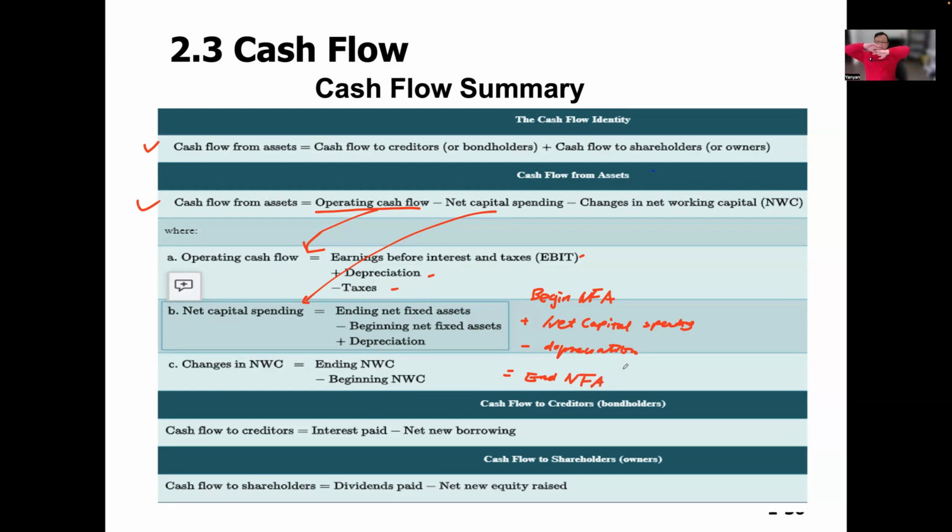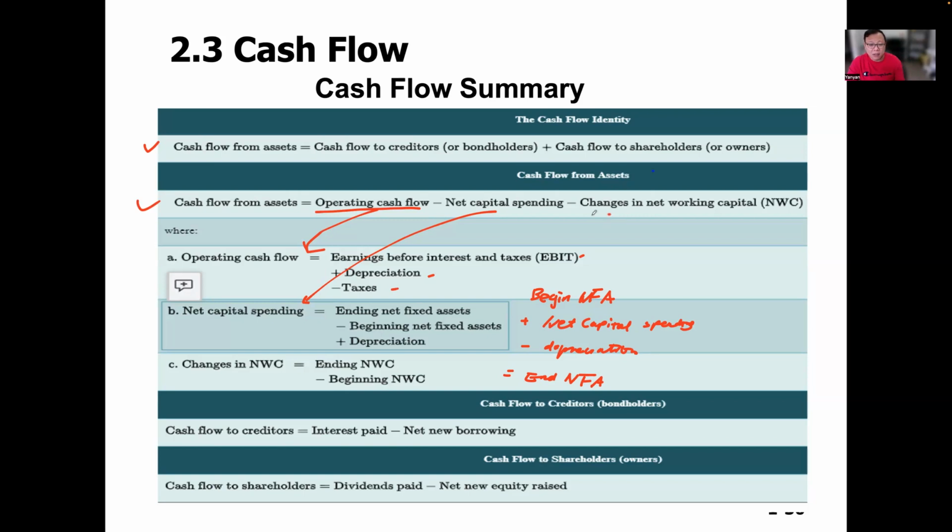Does this make sense? You start with a balance of net fixed asset. During the year you have capital spending, let's say you buy something, you add it up, and then you subtract the depreciation due to the matching principle, and that's your ending net fixed asset. Then when you move this to one side, you get exactly this equation.